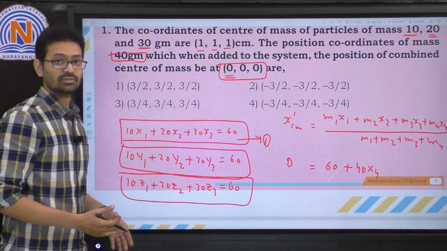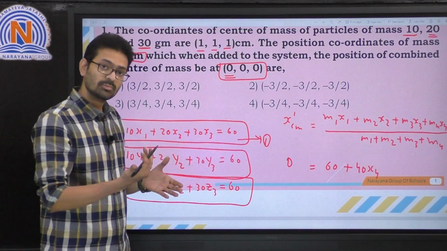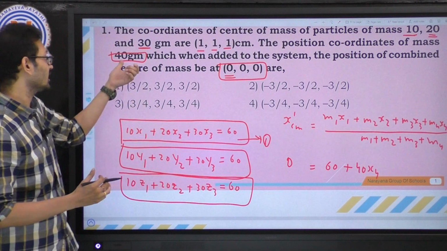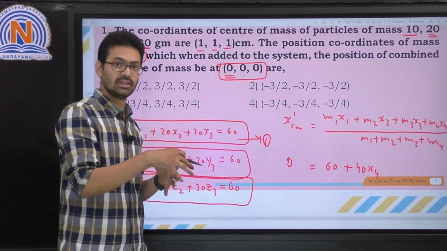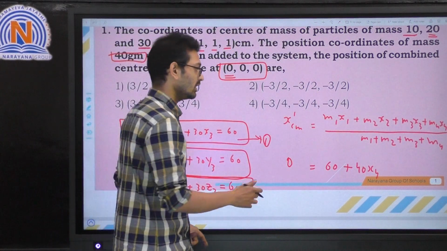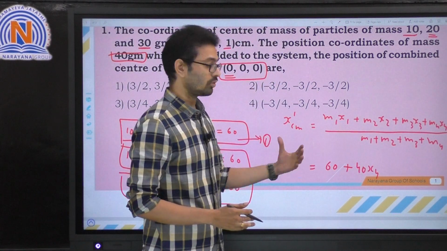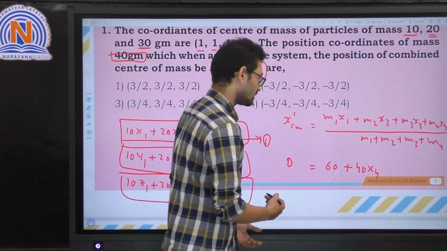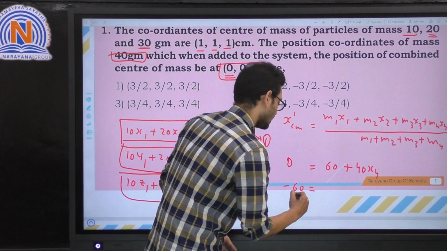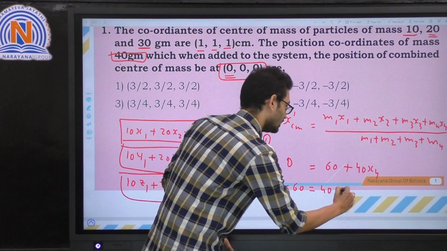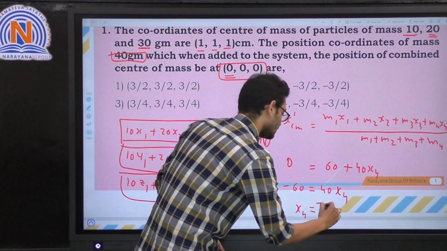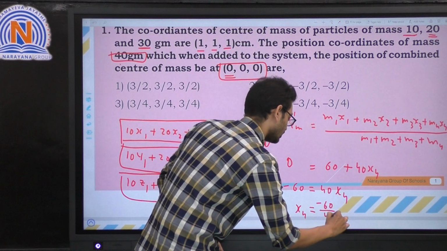Now from there I need the x4 value, because the displacement of that particular mass which is getting added, that 40 grams of weight, that position on the x component I need, that is going to be 40 x4. Now if you send this 60 to that side, minus 60 is equal to 40 x4.